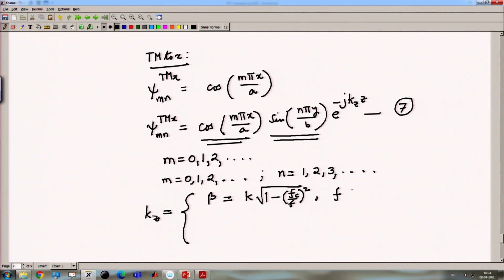For f greater than f c, where f c is the cutoff frequency, and k z equal to minus j alpha equal to k root of 1 minus f by f c whole square for f less than f c.